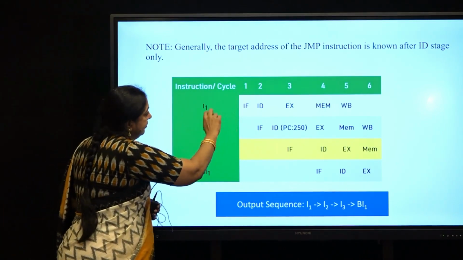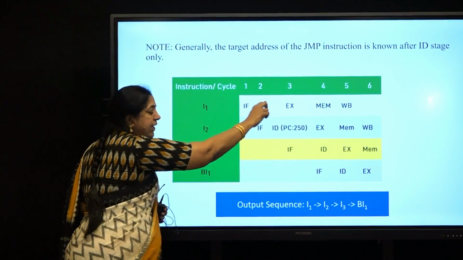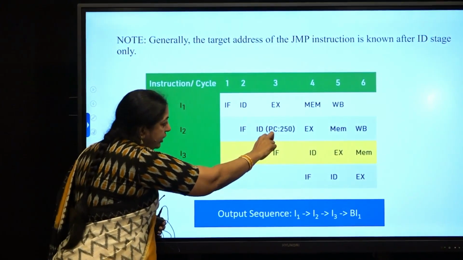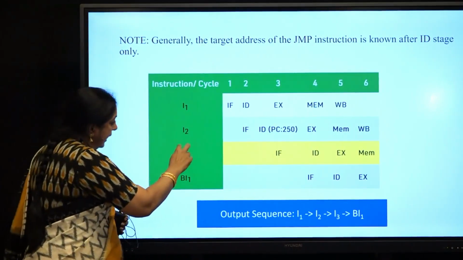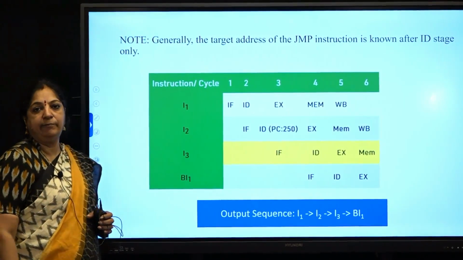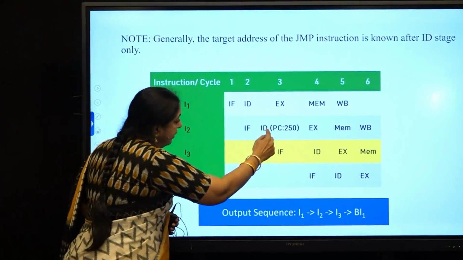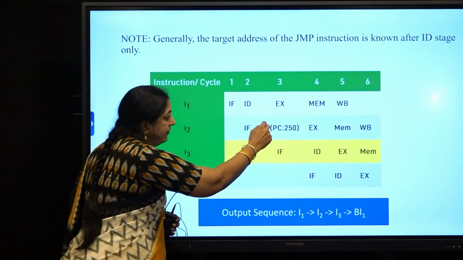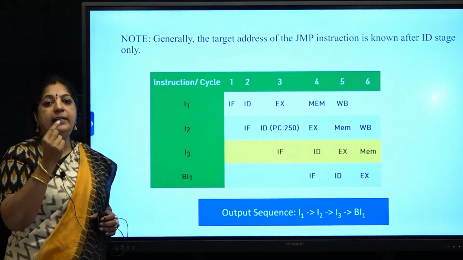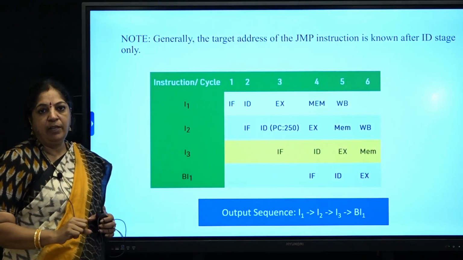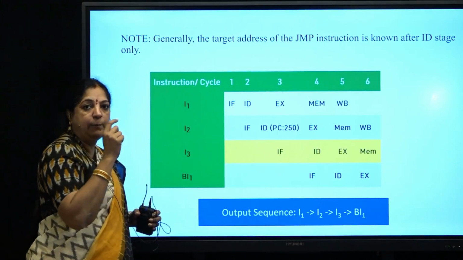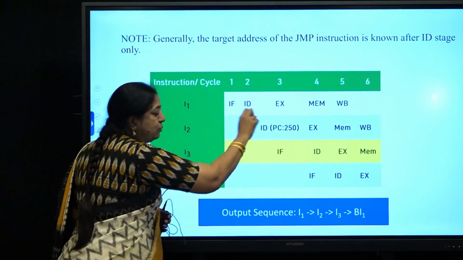In the third clock pulse, decoding is already over so execution is done, instruction 2 is decoded, and automatically the third instruction is fetched. During this execution part we come to know that it is a branch statement, and also we know the next program counter value, that is 250.